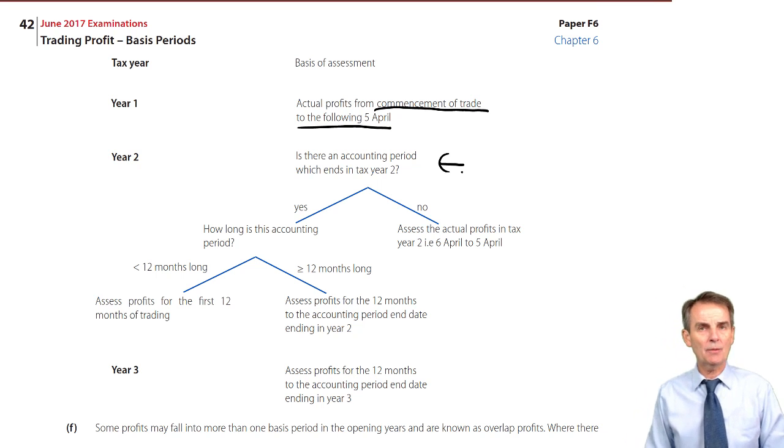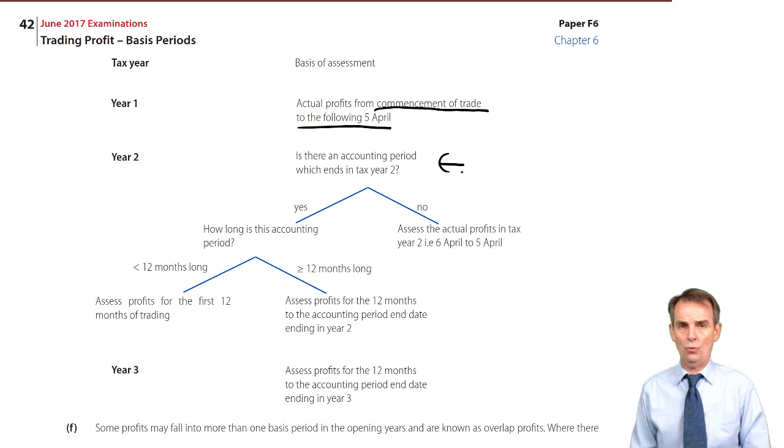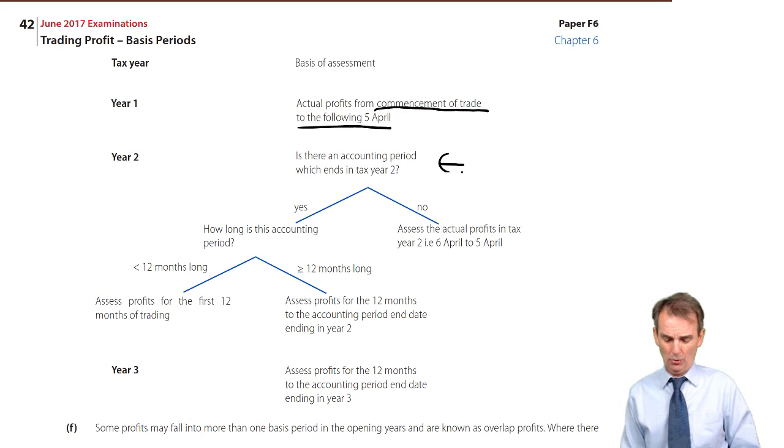So each of these circumstances has to be dealt with and has to have a separate rule. We don't get to decide which profits will be assessed for any tax year. There is a rule. HMRC say you do it our way. This is our way, and we have to learn those rules.